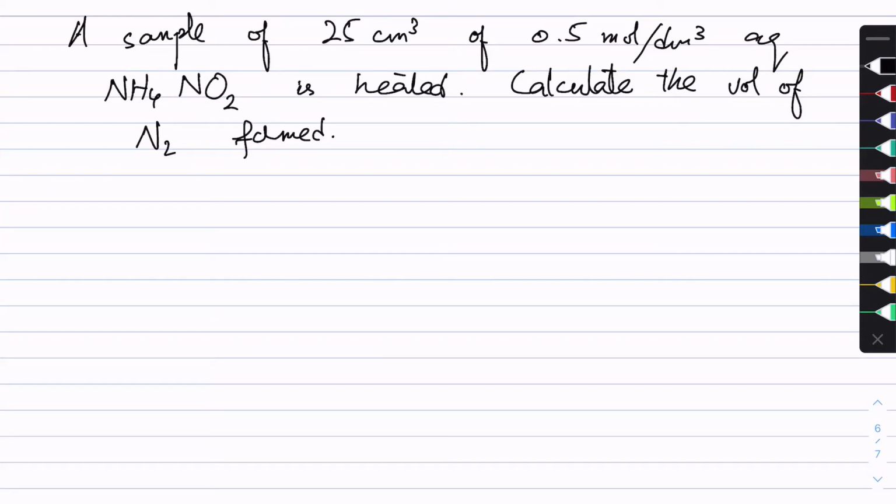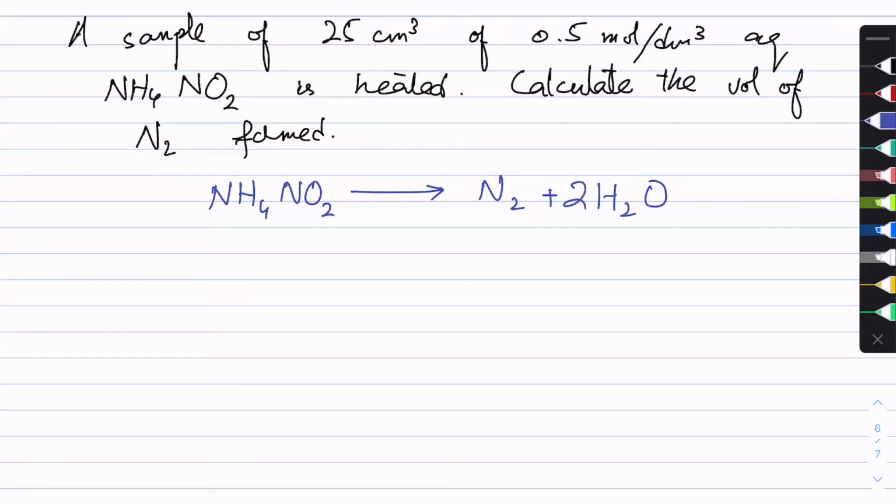So basically, and that's again not something you're required to come up with at the moment, but basically ammonium nitrite breaks down and gives you nitrogen gas and water. Okay, let me get the balanced equation. I don't want to spend time balancing it. Yeah, so ammonium nitrite breaks down and gives you nitrogen gas plus water. ये हमारे पास equation आ गई.